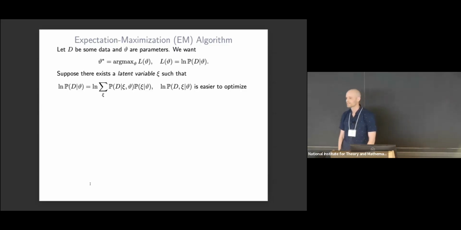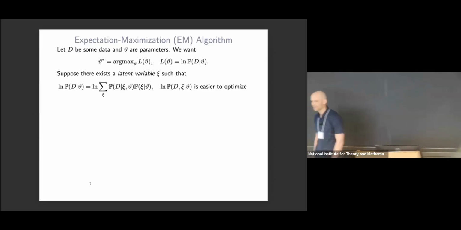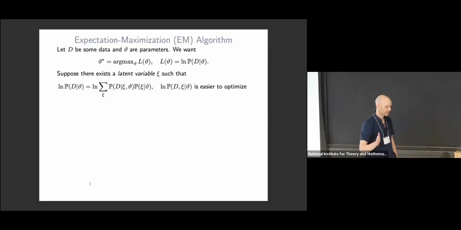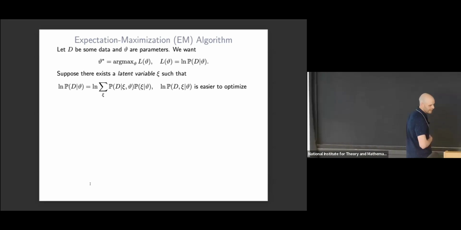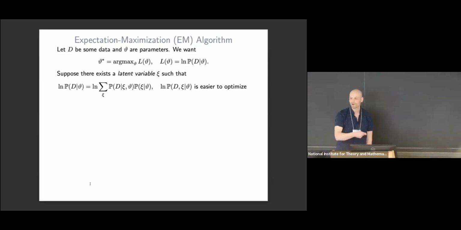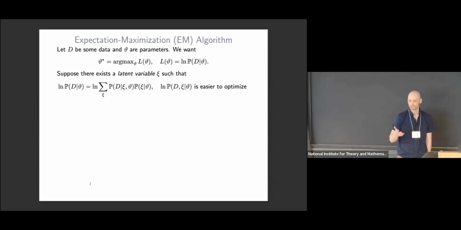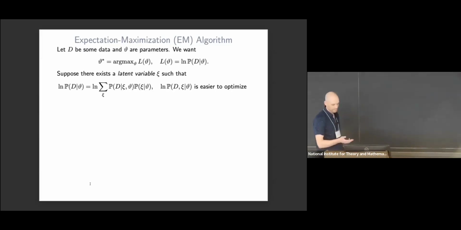The assumption is that there's some latent variable, and to obtain this likelihood we've marginalized over that latent variable, which we don't see. If we had access to that latent variable in our data, which in MIL is the assignment, the problem would be easy. It would be much easier to perform the optimization.